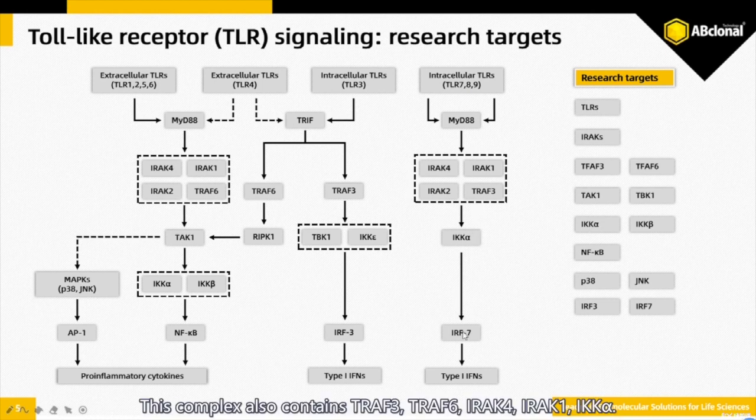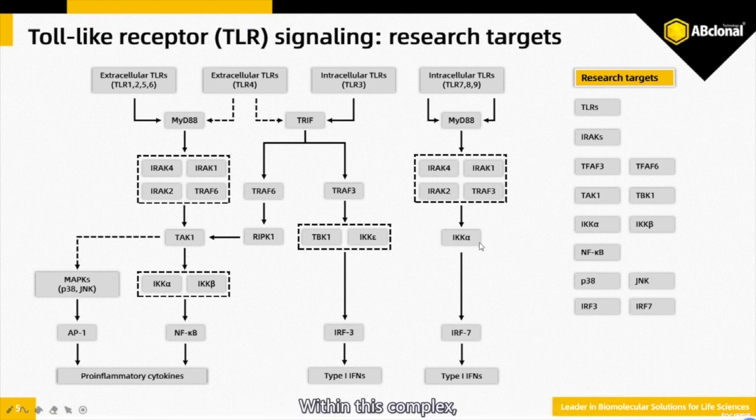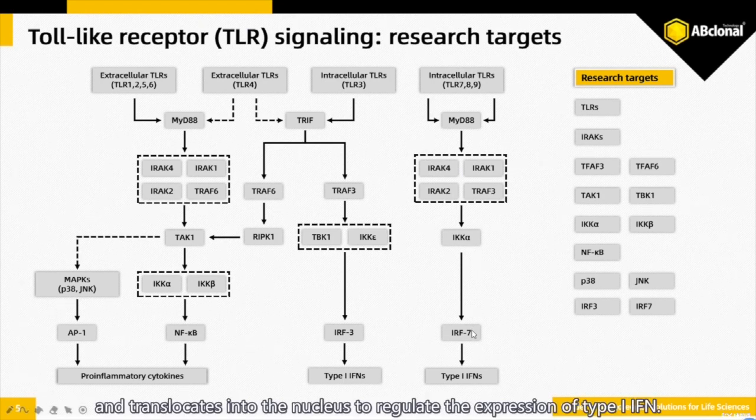This complex also contains TRAF3, TRAF6, IRAK4, IRAK1, IKK alpha. Within this complex, IRF7 is phosphorylated by IRAK1 or IKK alpha and translocates into the nucleus to regulate the expression of type I interferon.